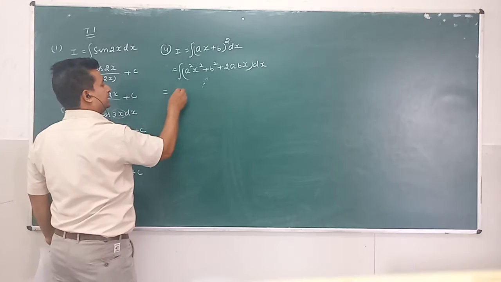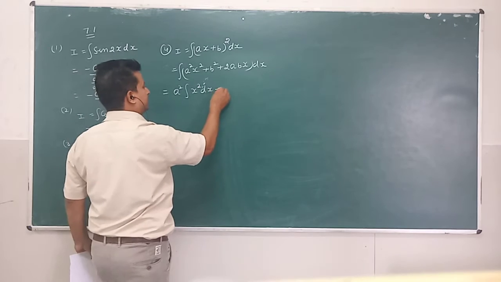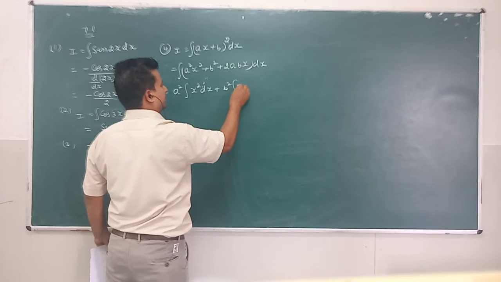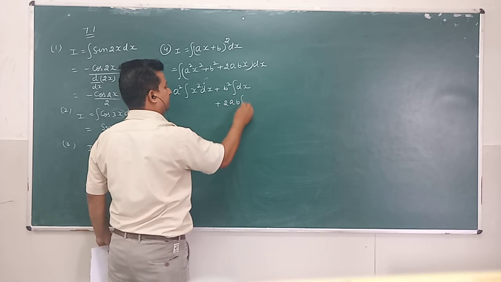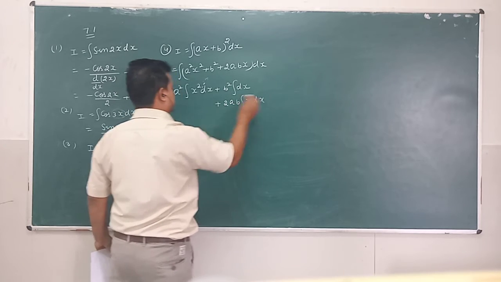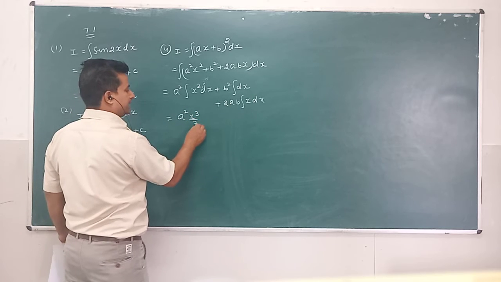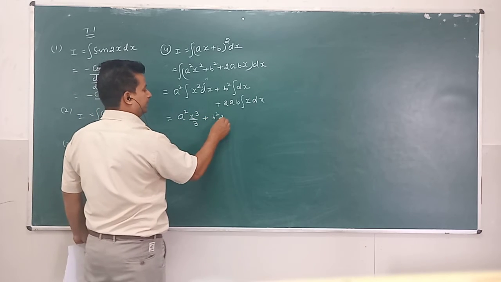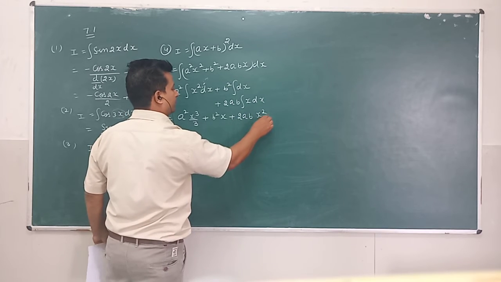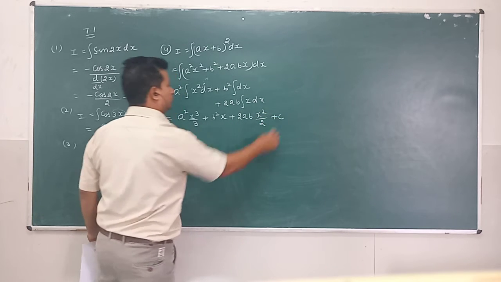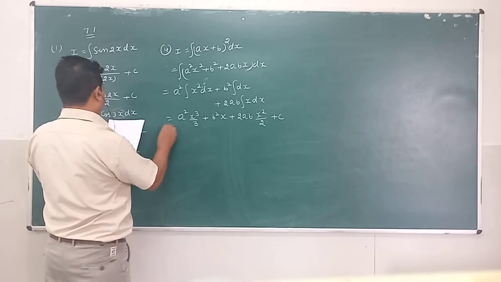When we separate these terms, a square integration of x square dx plus b square integration of dx plus 2ab integration of x. So integration of x square is x cube upon 3, integration of dx is x, and integration of x is x square upon 2. This is the integral of (ax plus b) whole square.